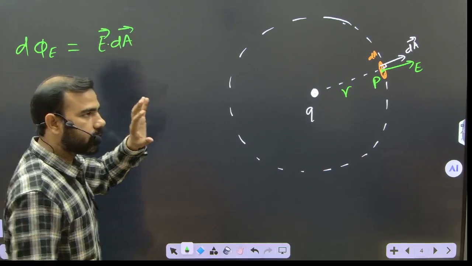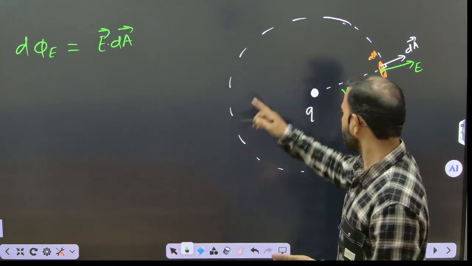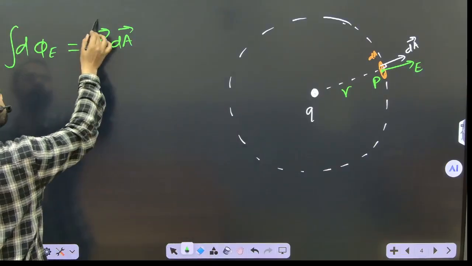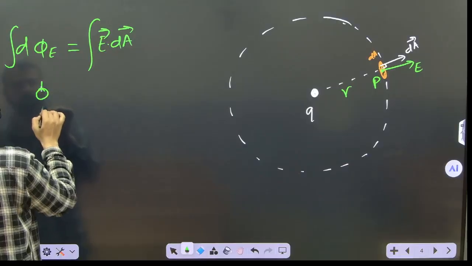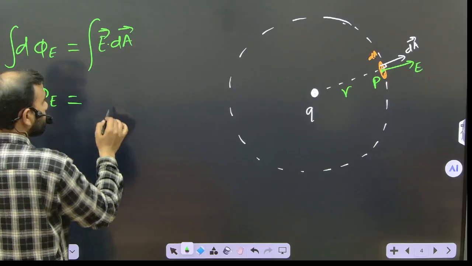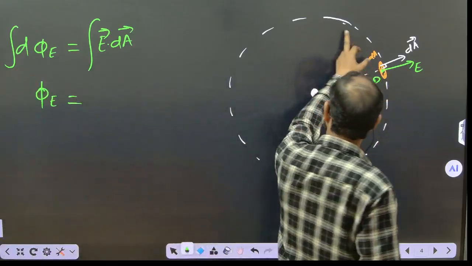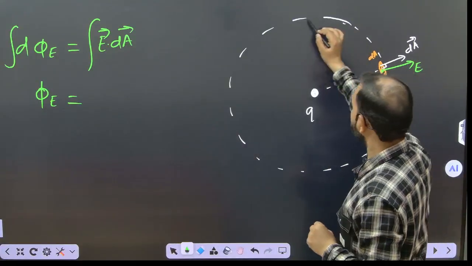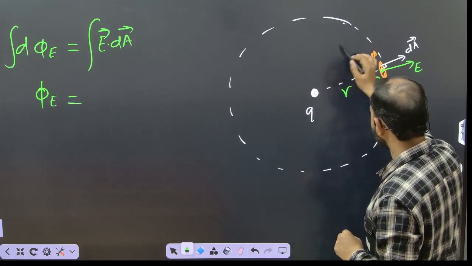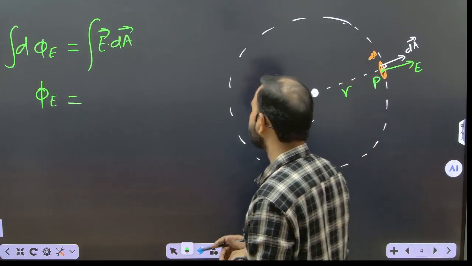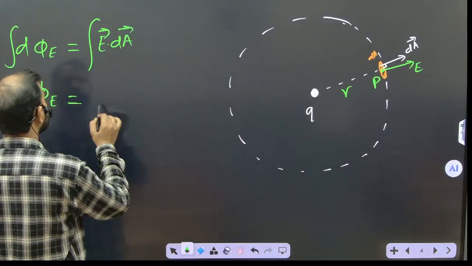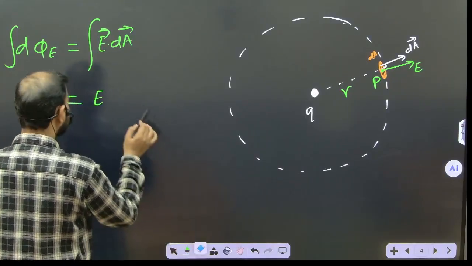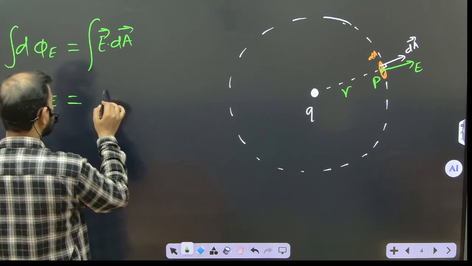If we want to calculate the total electric flux through this Gaussian surface, then we have to integrate d phi E. Here the electric field is constant at all points on the Gaussian surface, because all the points on the Gaussian surface are at equal distance r from the charge Q. So first we have to take the dot product.